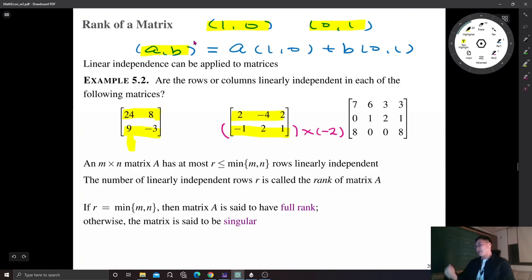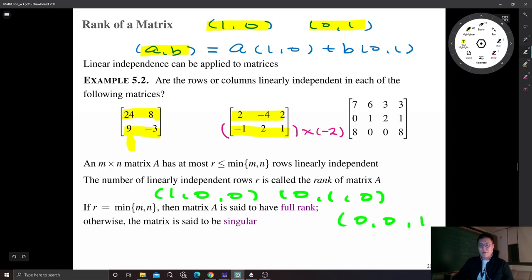Likewise, we need three axes to describe a three-dimensional space, right? So (1, 0, 0), (0, 1, 0), and (0, 0, 1). With these three unit vectors, we can characterize every vector in three-dimensional space as a linear combination of these three vectors, right?